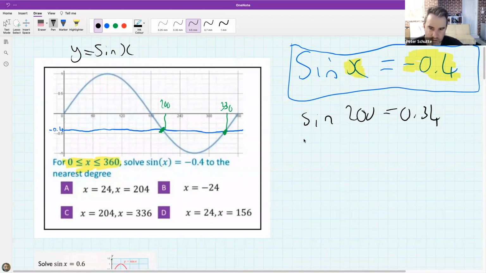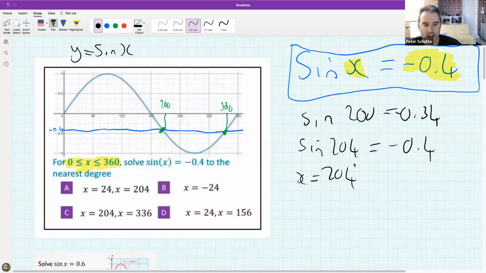Now, using my guess, what if I put the sine of 204 in? Can someone tell me in the chat, what do you get for the sine of 204? Are we getting closer? Is that closer to minus 0.4? Yeah. So the sine of 204 is minus 0.4. So one of the answers to this equation is when x equals 204. Now, if I look at my drawing, I see 336 on this option.